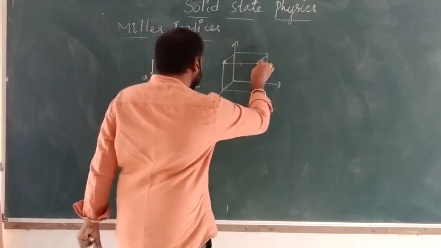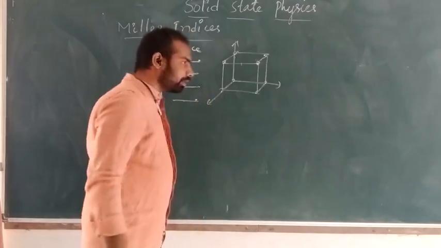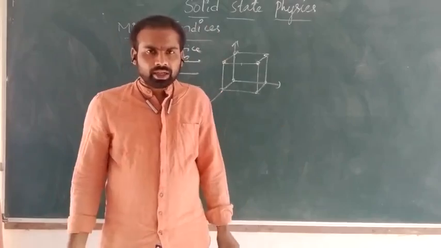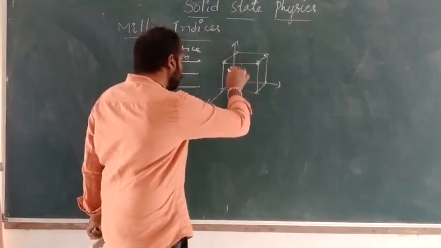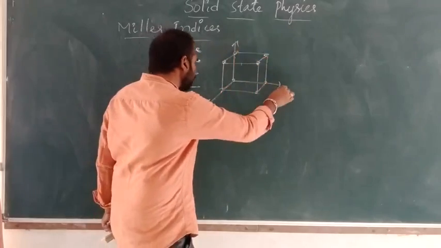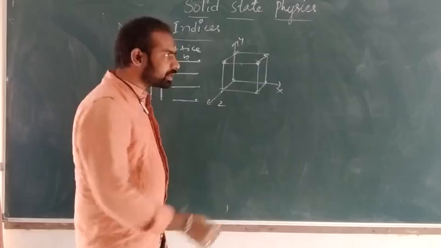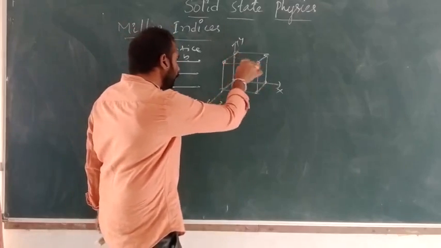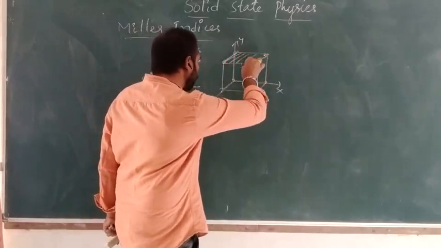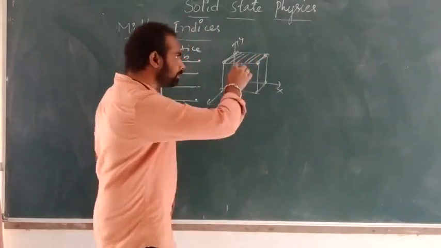I took one simple cubic unit cell. Here, these are the points in three-dimensional space. This is a coordinate system: x-axis, y-axis, and z-axis. Let us consider there are 4 points. I join these points like this, making one plane by joining the 4 points of the unit cell. I got one plane.